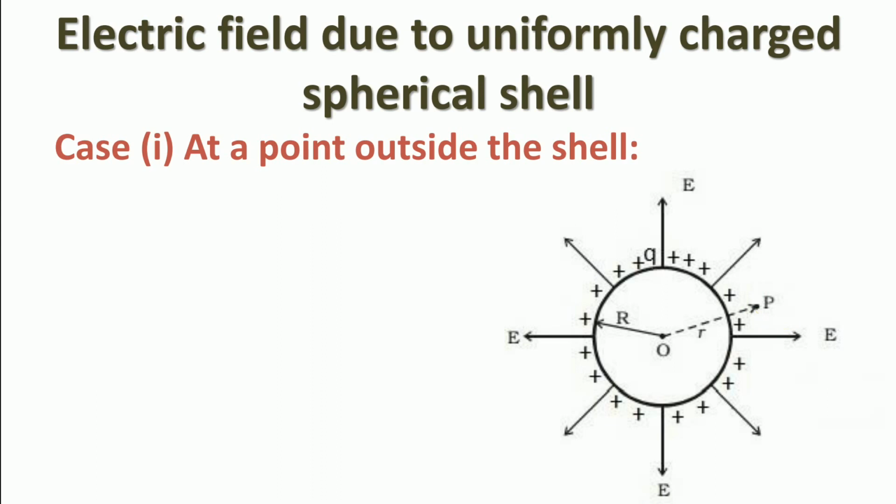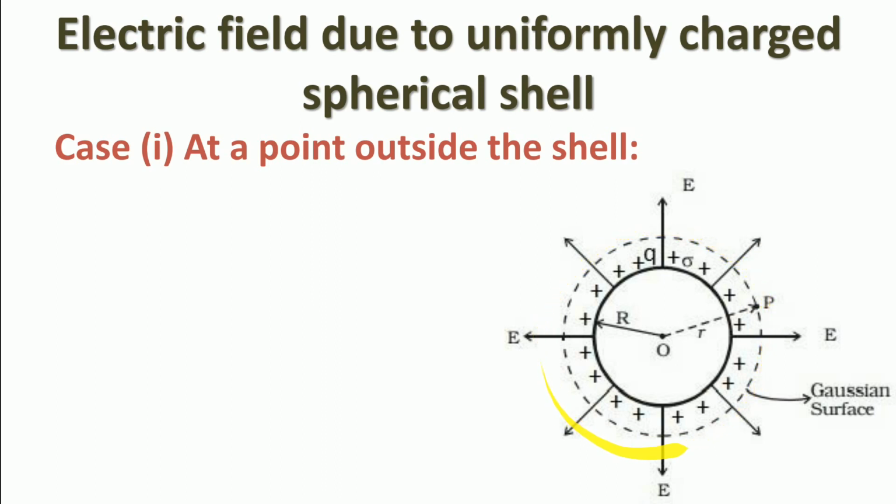We again need to assume a Gaussian surface around this, taking r as the radius. We take a Gaussian surface which is also a sphere and has radius r, small r. This is the Gaussian surface we are assuming here. Wherever we need to find the electric field passing through, we assume the Gaussian surface.